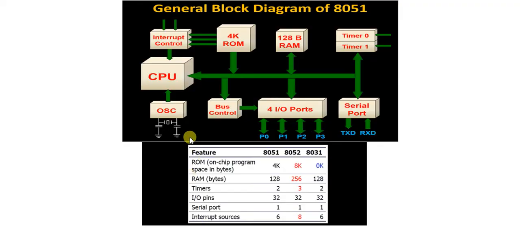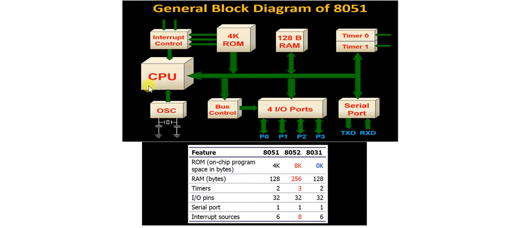Now this is a simplified block diagram of the 8051 microcontroller. Please be careful, this is the block diagram, not the architecture. You can see the variety of blocks of the 8051 microcontroller which are available inside the chip.